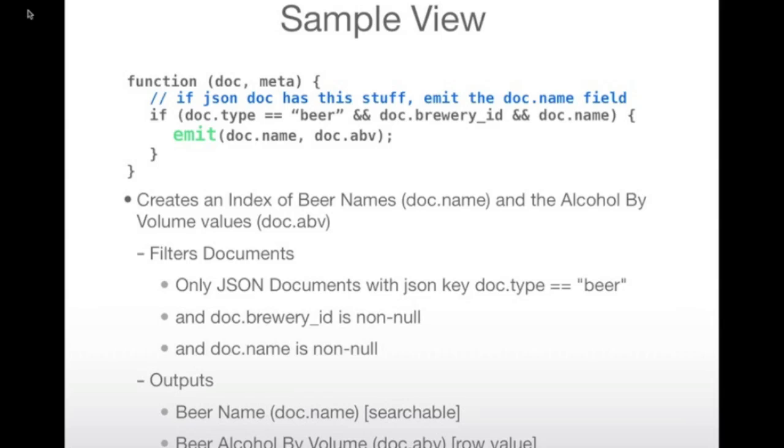For instance, if I have a beer that doesn't have a brewery ID, or I didn't have error checking in my input form and someone submitted a beer without a name, it would not end up in the index. So this if statement is basically filtering on documents. Every document passes through, and if it doesn't match the if statement, it won't get to the emit statement and won't be included in the index.